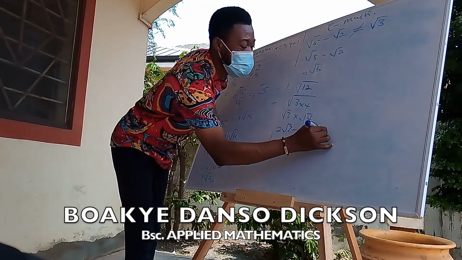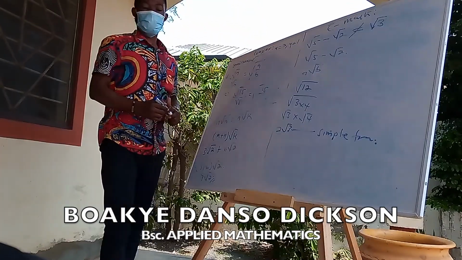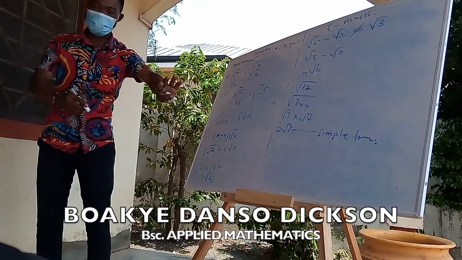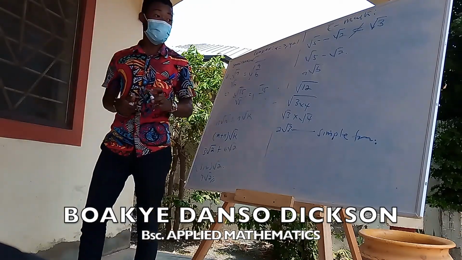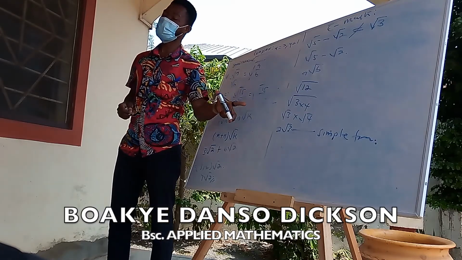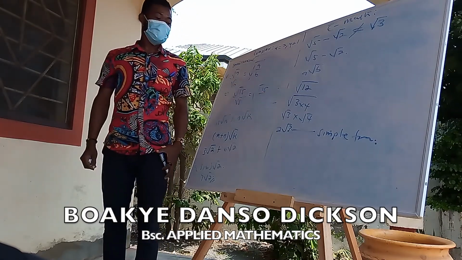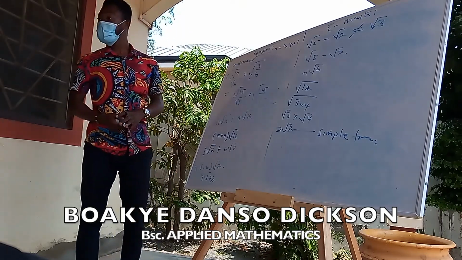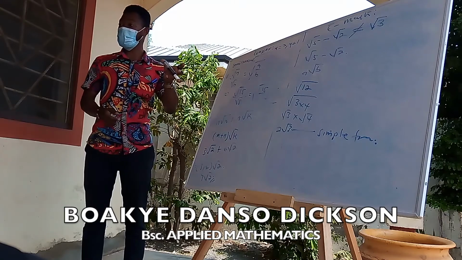This is my simple form. That is the basic form. Good. So you always need to look out for these perfect squares, like 4, right? Good. Like 9. 9 is a perfect square, right? Yeah. Good.